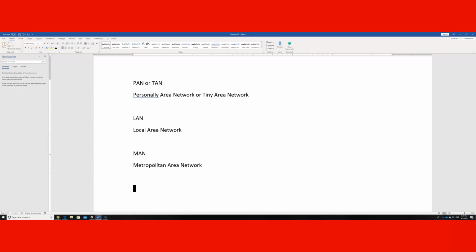As we will see in the next one, which is the WAN, which is wide area network. And this is extremely large in many cases, but it doesn't have to be as large as I indicated initially. It could be two LANs communicating with each other over a distance.